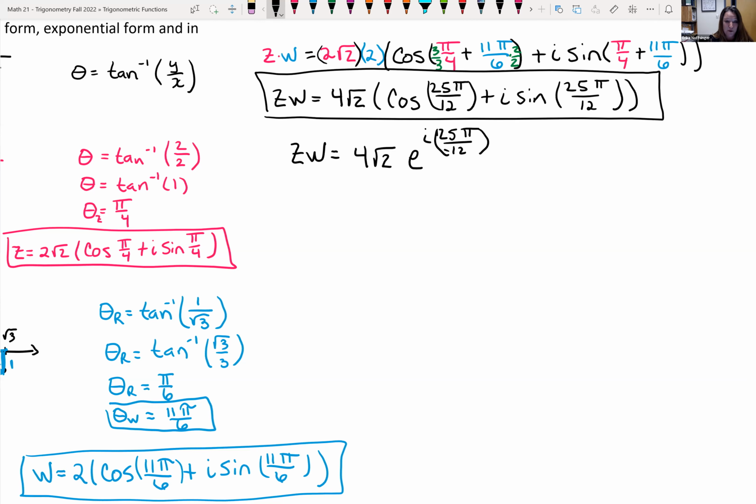So we can go back and we can evaluate this, and we can get an estimate of what this would be in rectangular form.